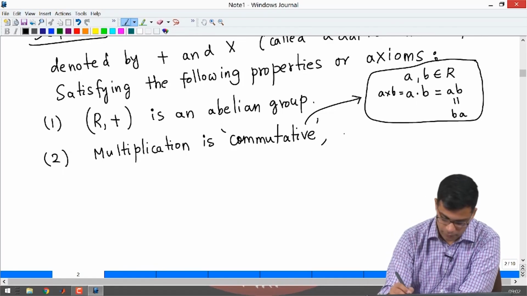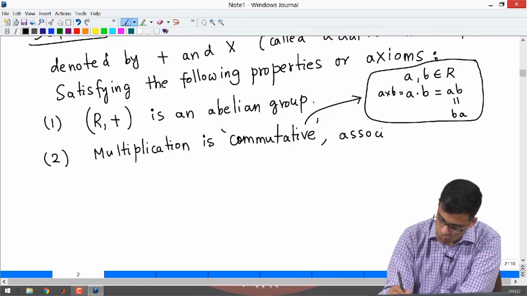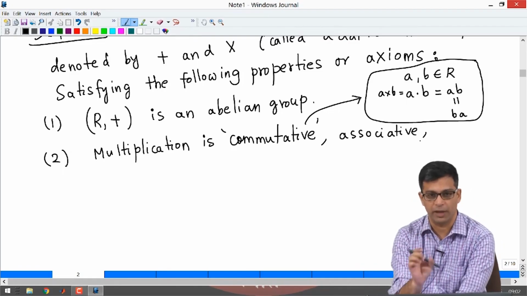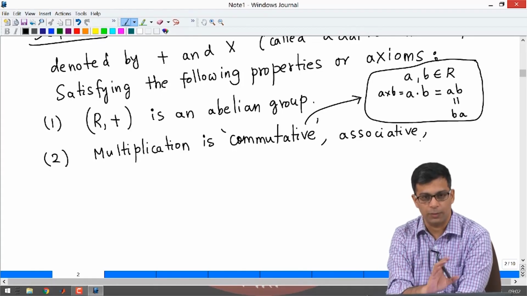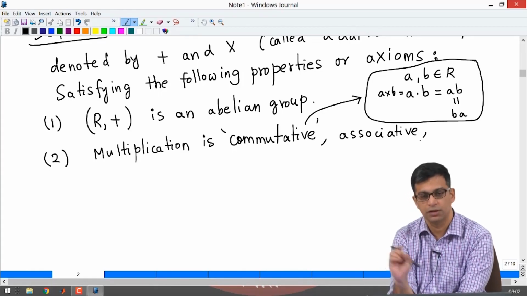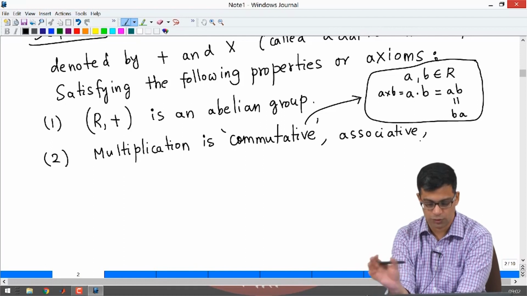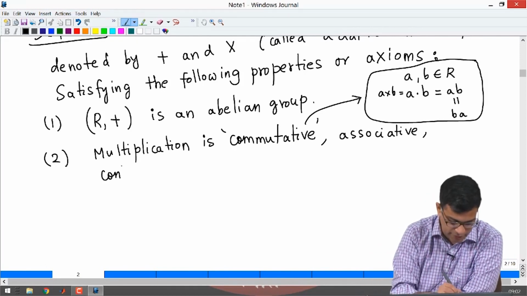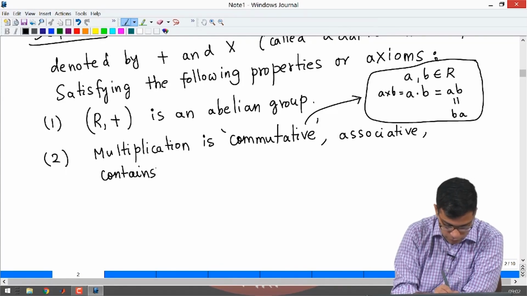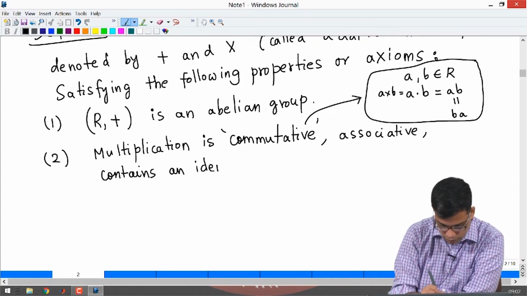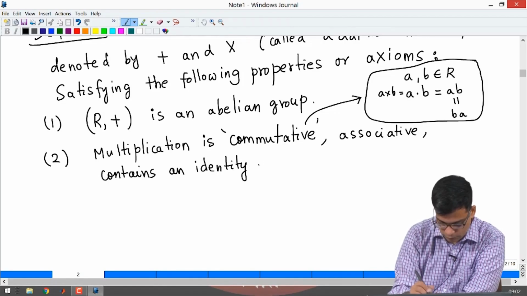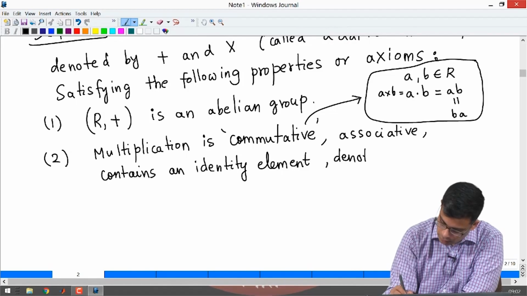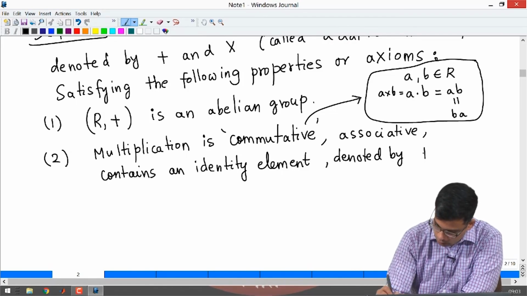We also need multiplication to be associative, which is a familiar property to you. If you have three elements A, B, C, you can multiply them by grouping A and B first or grouping B and C first. Either way you get the same answer. So, it is associative, and it contains an identity element denoted by 1.